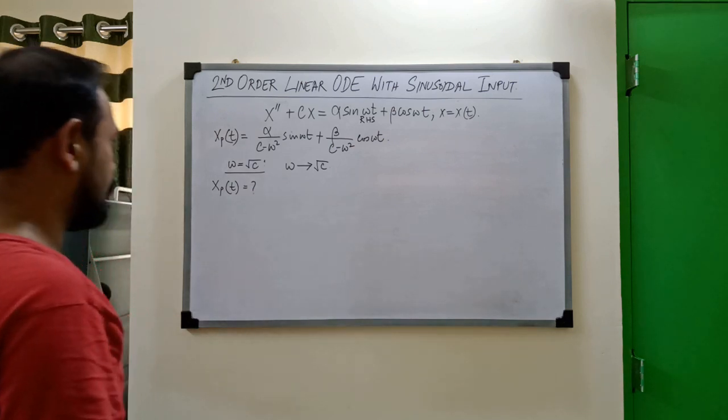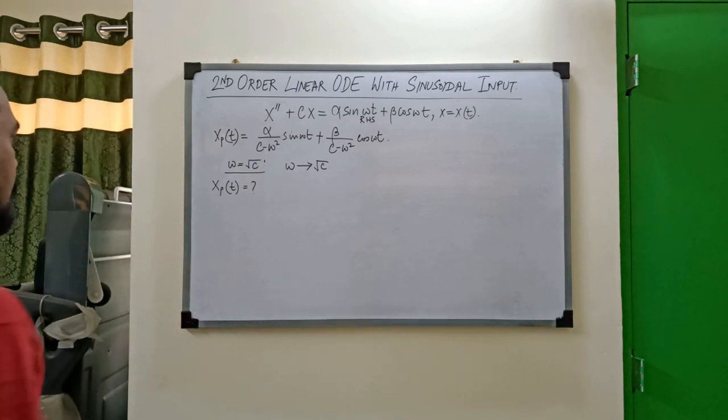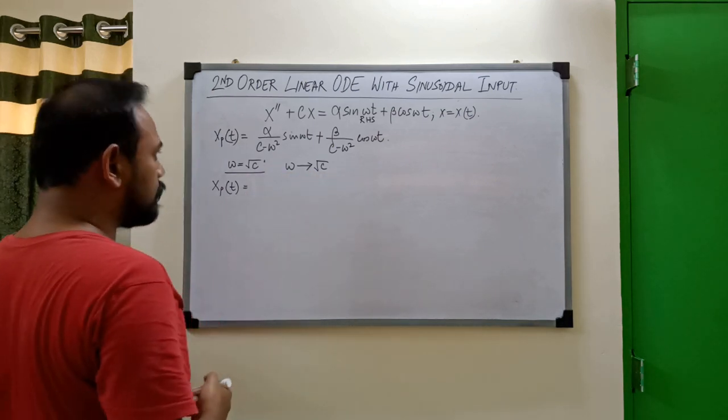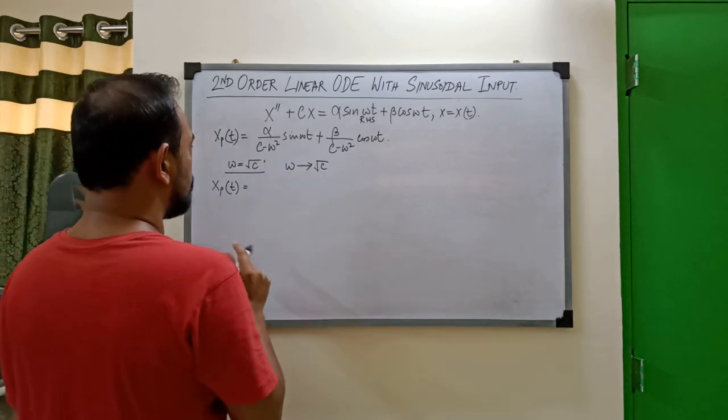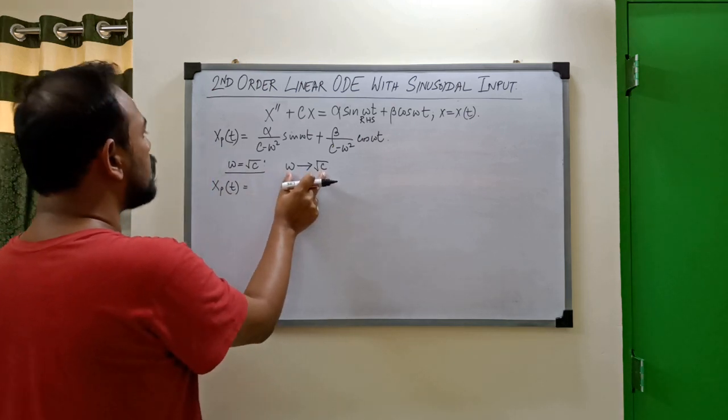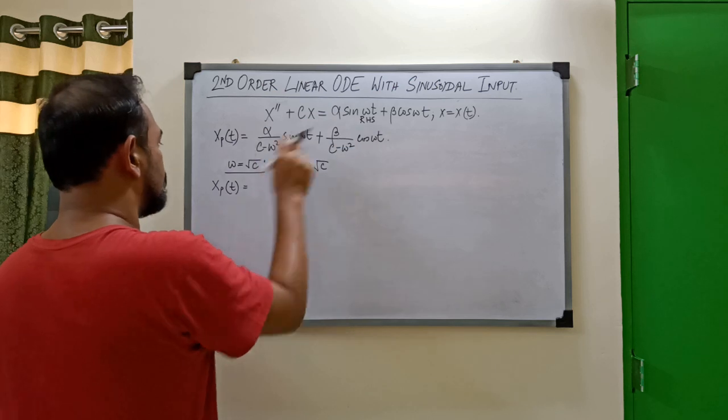In that case, since this is close but not equal to 0, this is a valid particular solution.